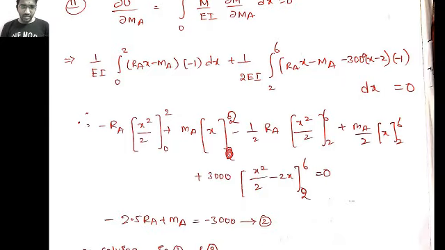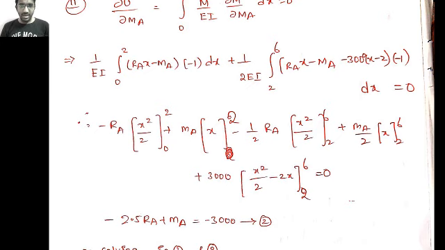After the product with minus 1 and applying the integration, finally I got this expression: minus RA into x square by 2 limit 0 to 2, MA into x limit 0 to 2, minus half into RA into x square by 2 limit 2 to 6, plus MA by 2 into x limit 2 to 6, plus 3000 x square by 2 minus 2x limit 2 to 6 is equal to 0.